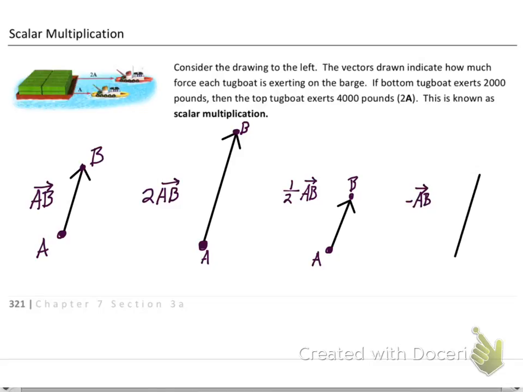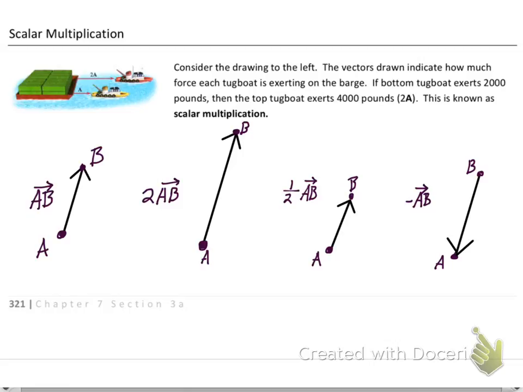We're still going to have B up here and A down here. The only difference is it changes the direction my arrow goes. If I'm a tugboat going this direction, pulling in, that's A. Negative A would be pushing the opposite direction, the exact same magnitude, just facing the other way.